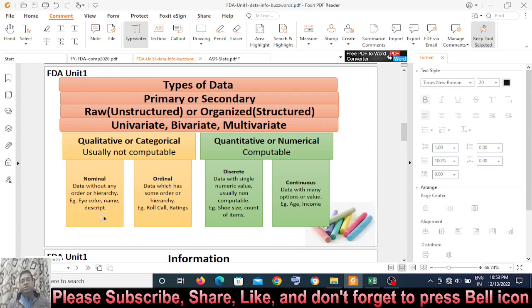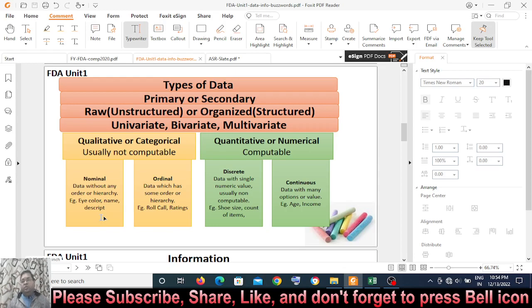After this, we are going to see what information is. I hope you got what exactly is meant by data and why data is not information. Data is not information because it is just observatory recordings of an object, phenomenon, or event.